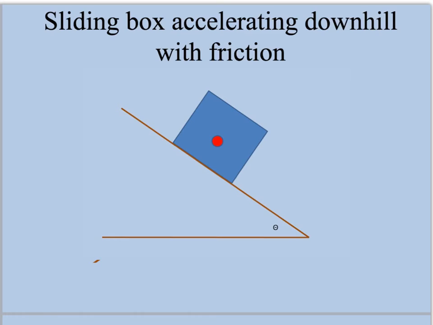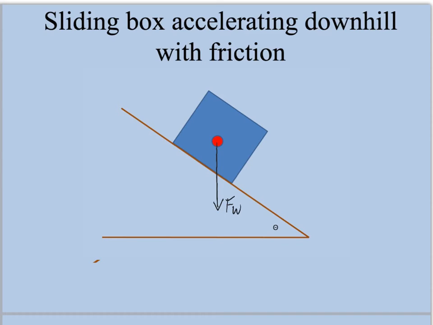All right, so we have a sliding box accelerating down the hill with friction. Now let's see here. We know we're going to have our FW or mg.